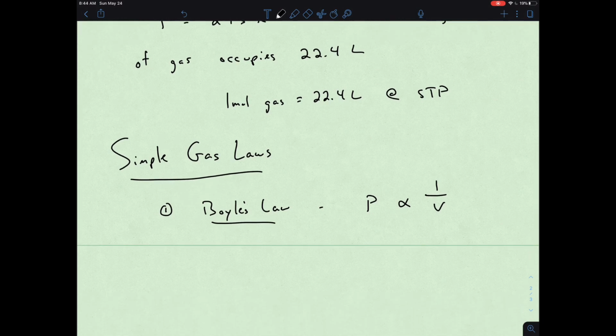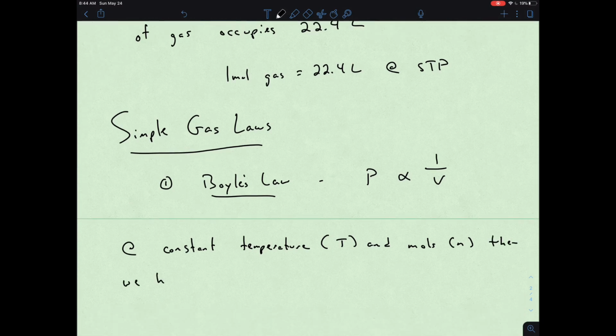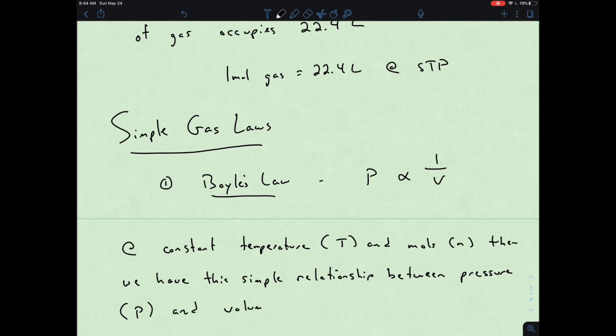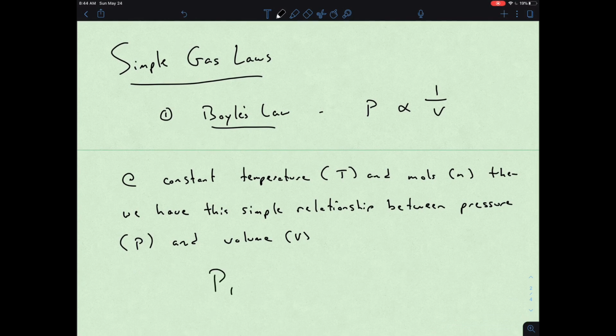And so if we are at constant temperature and moles, then we have this simple relationship between pressure and volume. So P1 V1 equals P2 V2.